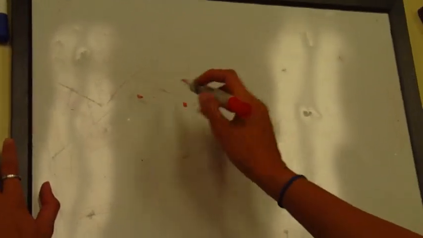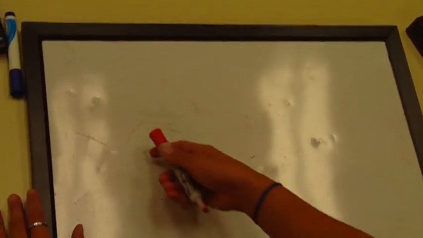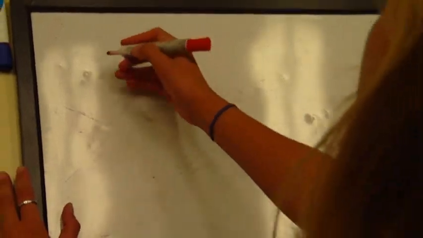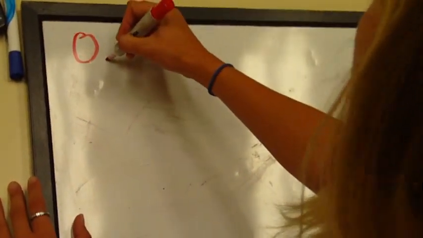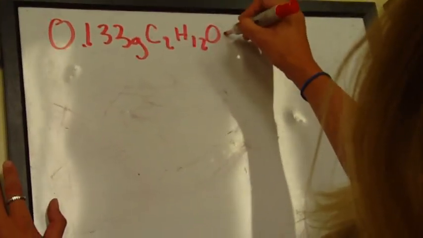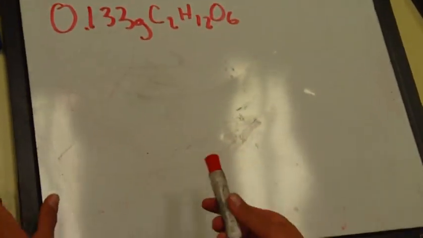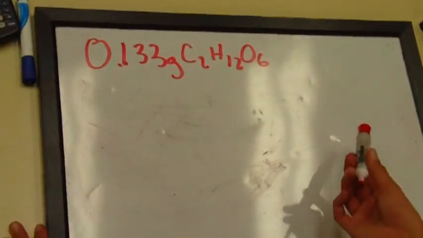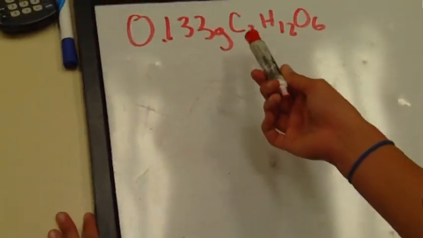I'm going to erase that now and move on to getting the mole fraction. Mole fraction is moles of the solute over the added number of moles of the different components in the solution. We already know the moles of our glucose. We just calculated that to be 0.133. And we need to know moles of our components in our solution, which in this case is only glucose and water.